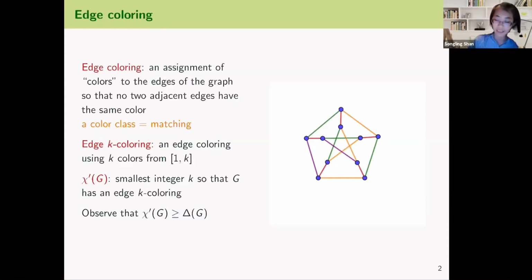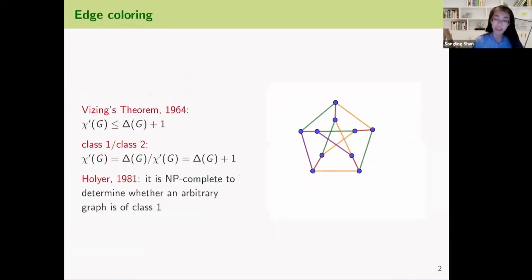So take this example here, you see we have this Petersen graph, and we have an edge 4-coloring for the Petersen graph. Actually, it is optimal. So this lower bound for the chromatic index is the maximum degree. And for all simple graphs, Vizing proved in 1964 that the upper bound is actually Δ(G) plus 1.